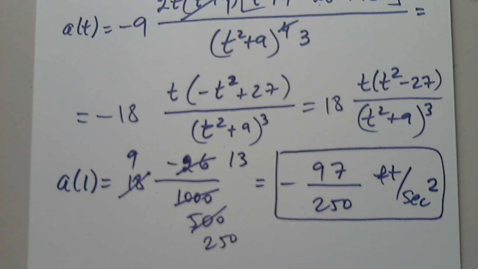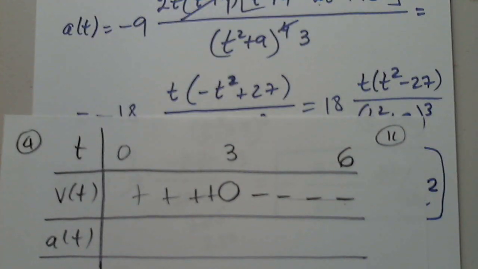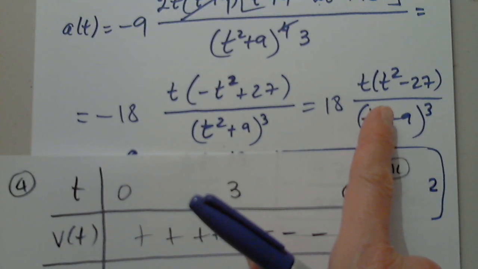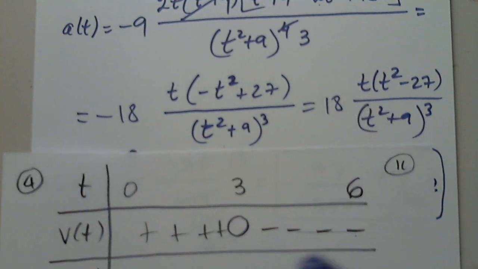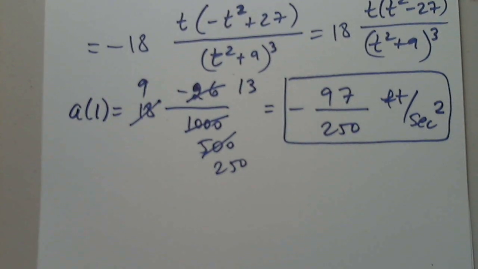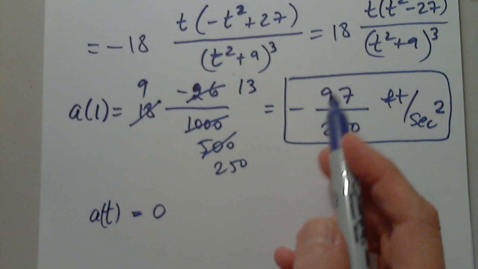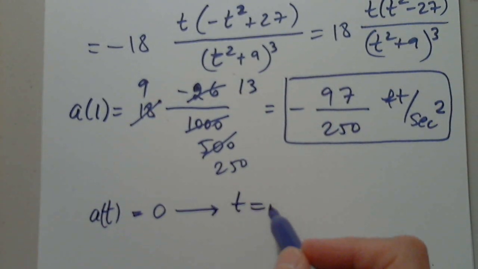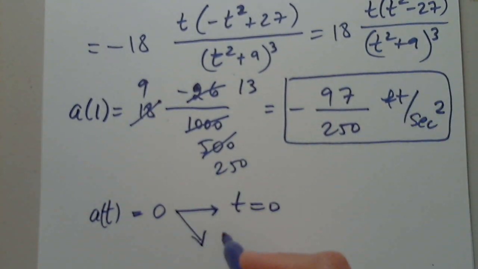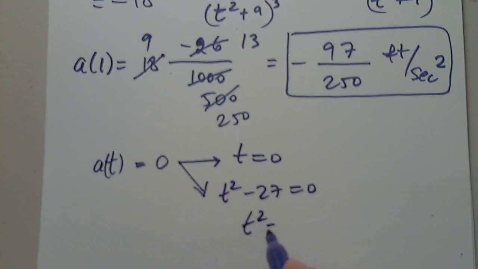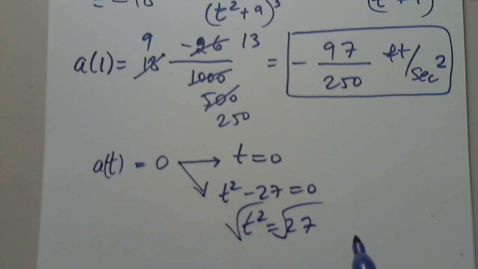Finally, when is the particle speeding up and when is it slowing down? Well, I'm back here. I have to find where this is 0. So the acceleration is 0 when t is 0, or when t squared minus 27 is 0, or t squared equals 27. I take the square root.